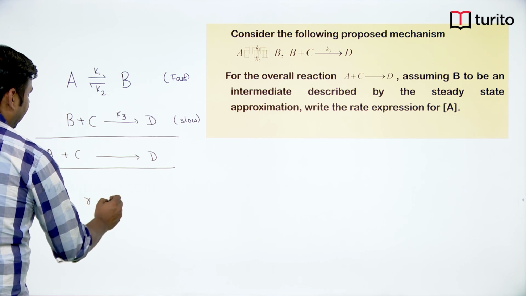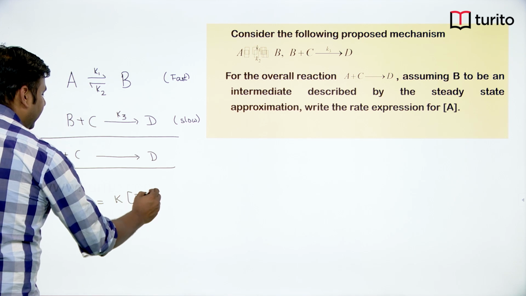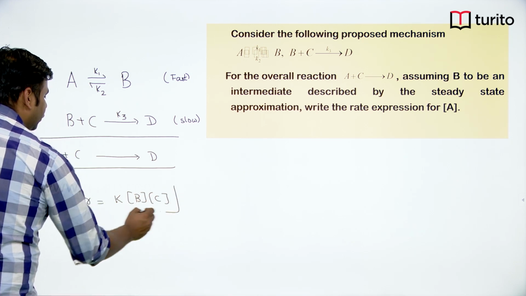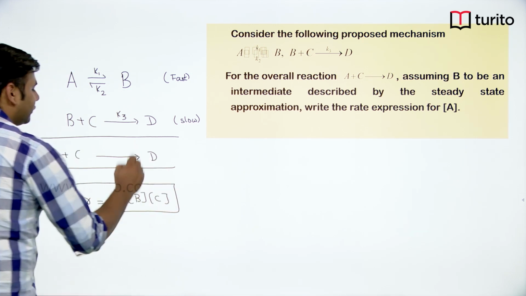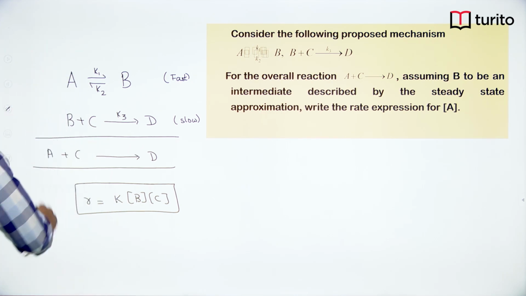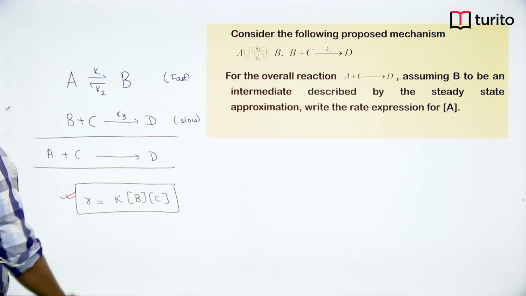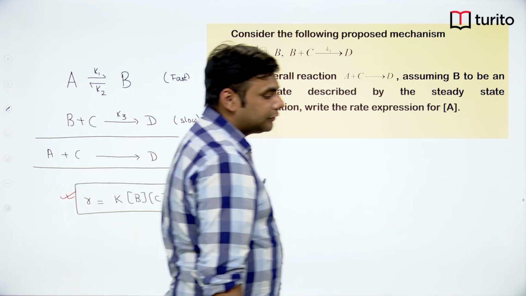So I can write the rate as k into concentration of B raised to power 1 into concentration of C raised to power 1. Okay, so this is the rate equation. I hope this is clear to everyone because this is an elementary reaction. So the order with respect to B is 1, the order with respect to C is 1.